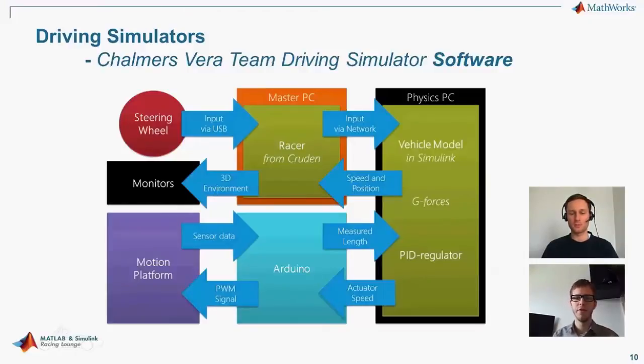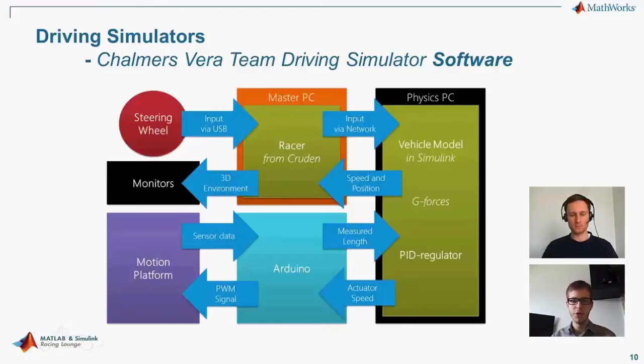What this allows us is to have the PC that does the rendering be suited for graphics power, and the physics PC be suited for more computational power. And then we can also have the physics PC located further away from the sim and use it as a control station for the simulator. And the Arduinos are placed very close to the motion platform. It's a convenient way of organizing it. Okay, no, makes sense here.